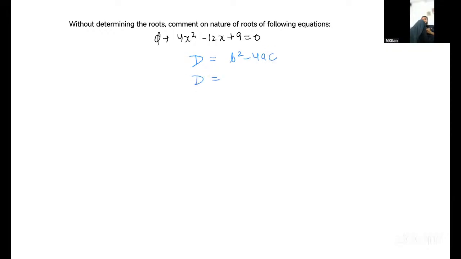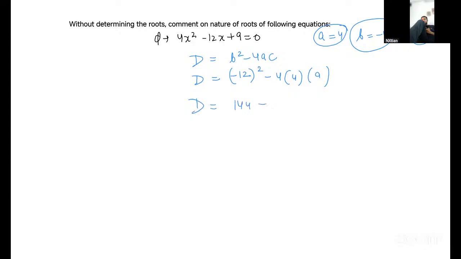If I write a is equals to 4, b is equals to minus 12, c is equals to 9, and put the values in, so b square is 144 minus 4 into a, which is 4, into c, which is 9. 16 nines are 144. If I solve this, I get the answer as 0.